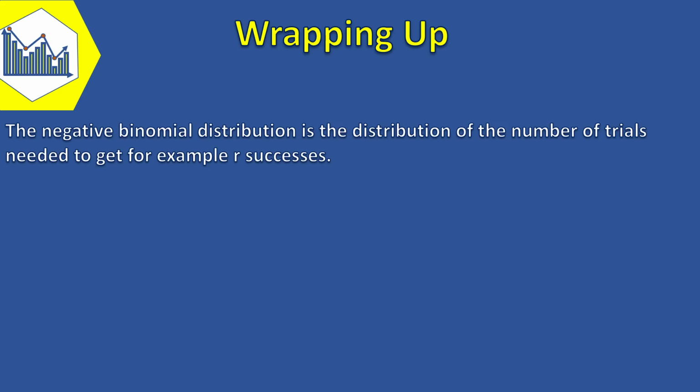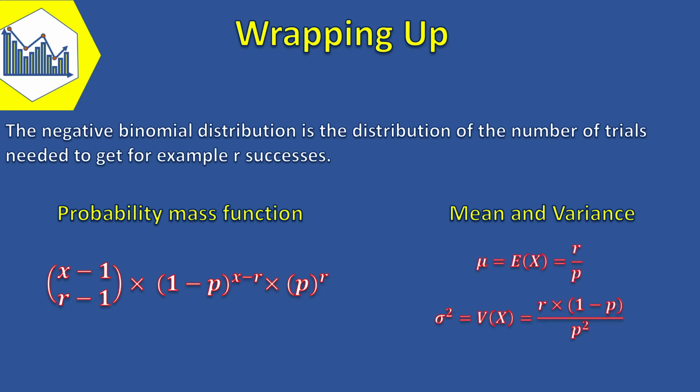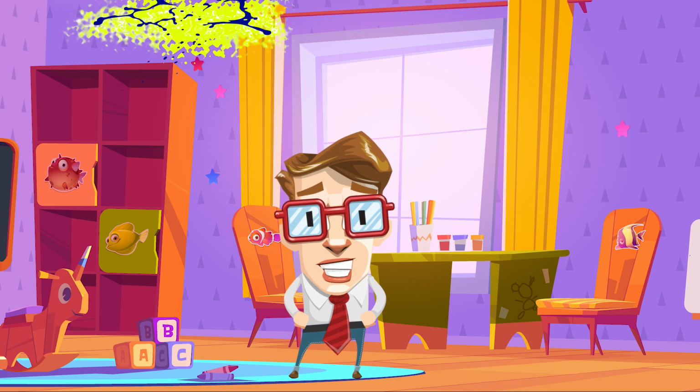Then we saw its probability mass function, which was equal to x minus 1 choose r minus 1 times 1 minus p to the power of x minus r times p to the power of r. And finally, we saw its mean and variance, which were equal to r over p and r times 1 minus p over p squared. And that is done.